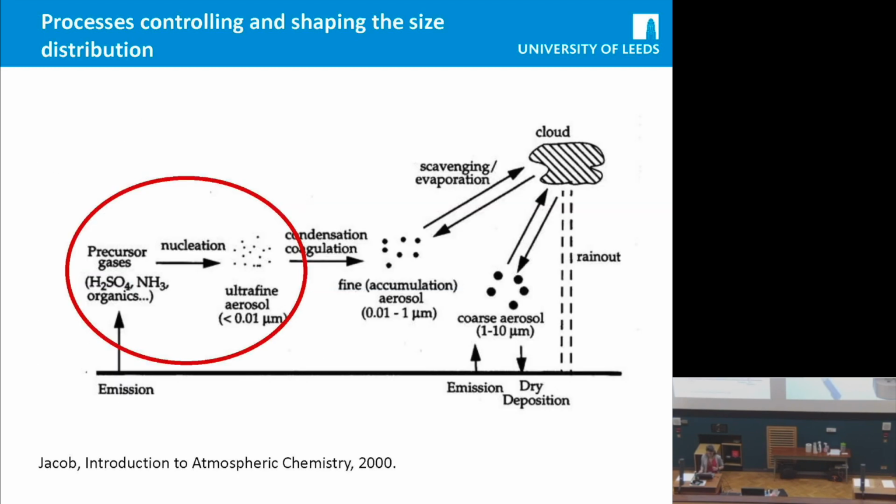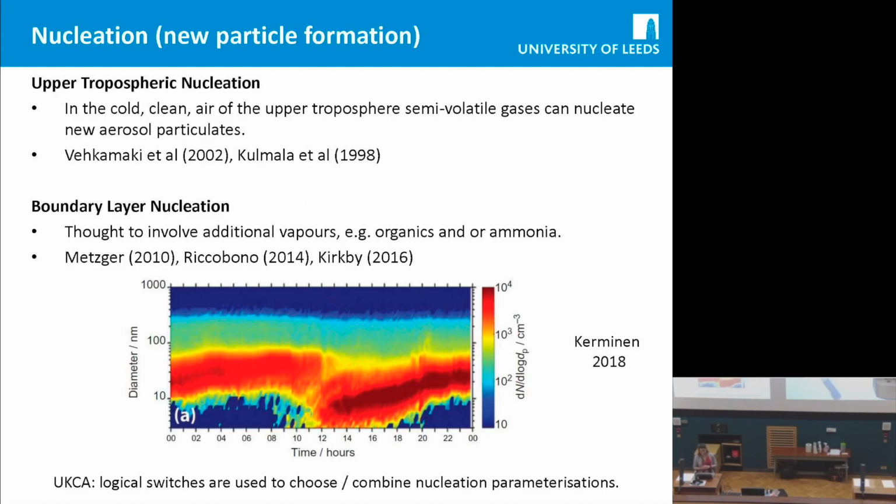So in terms of the emissions, we can see where different things might be coming from. In fact, the only way that new particles are actually created in the atmosphere is from the nucleation of particular gases that are emitted. That's a really important process that happens in different parts of the atmosphere and needs to be represented in different ways.